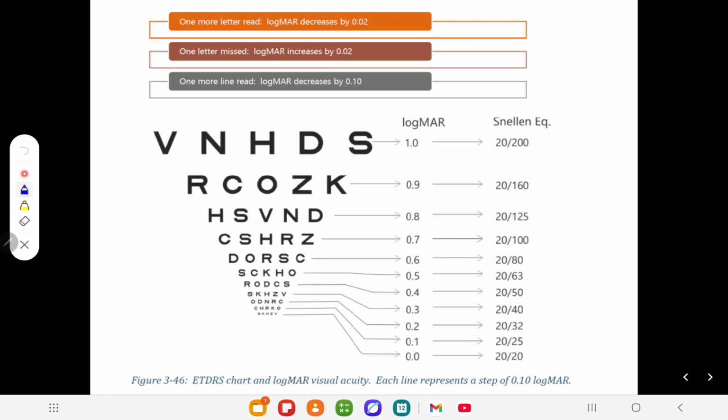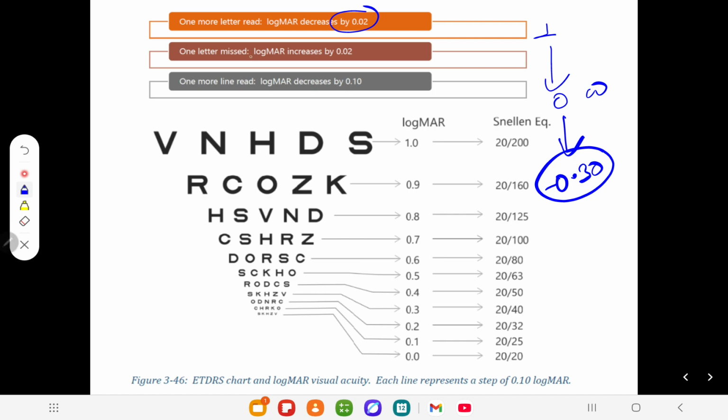So each letter counts. One more letter read means logMAR decreases by 0.02. Why does it decrease? Because logMAR 1 is worse and logMAR 0 is better, and logMAR minus 0.3 is far better. That's why it decreases as you read more and more letters.